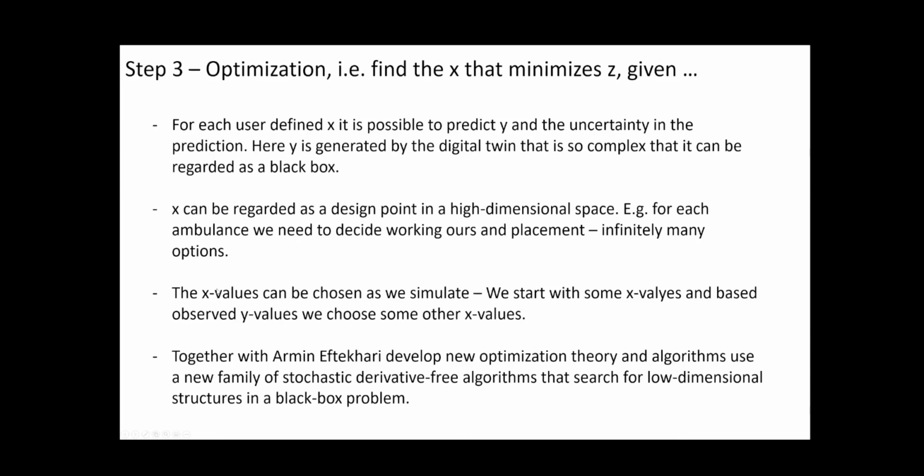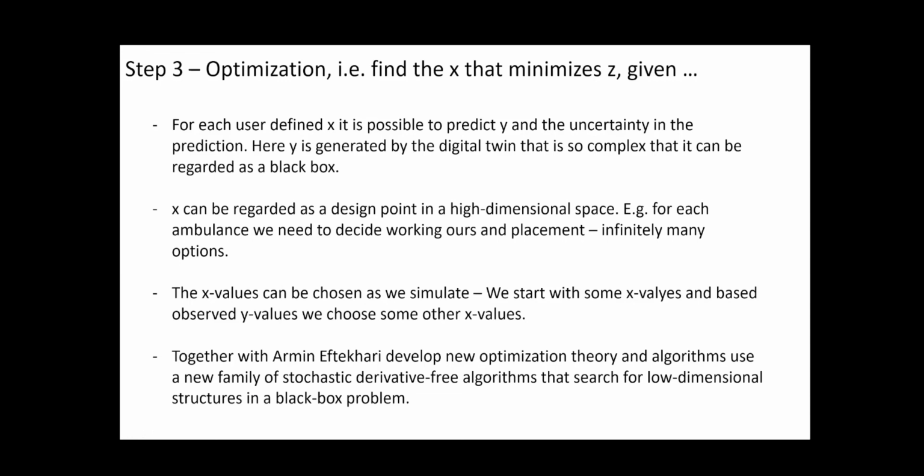The good thing is that we don't need to select all our X values at once. So we can select some X values, do the simulations, and get corresponding Y values. And based on those Y values, we can choose how to select the next set of X values.